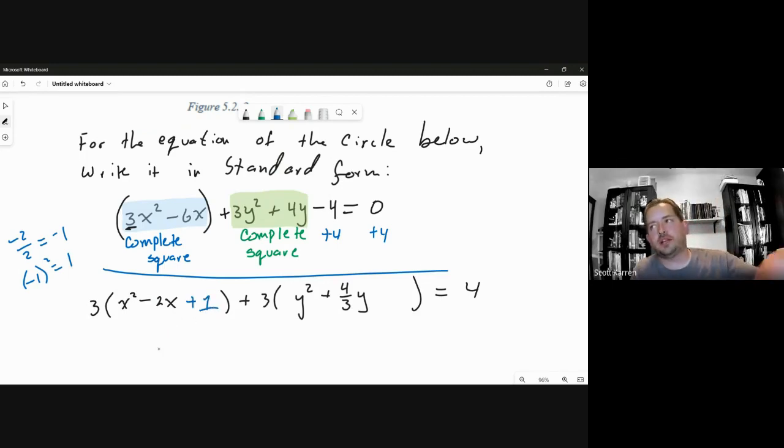And instead of subtracting 1 inside there, what I'm going to do is I've really added 3 to the left-hand side because this 1 is in parentheses with a 3 acting on it. So if I were to distribute that through, I really get a 3. So if I've added 3 to the left-hand side, I'm going to add 3 to the right-hand side. Right?